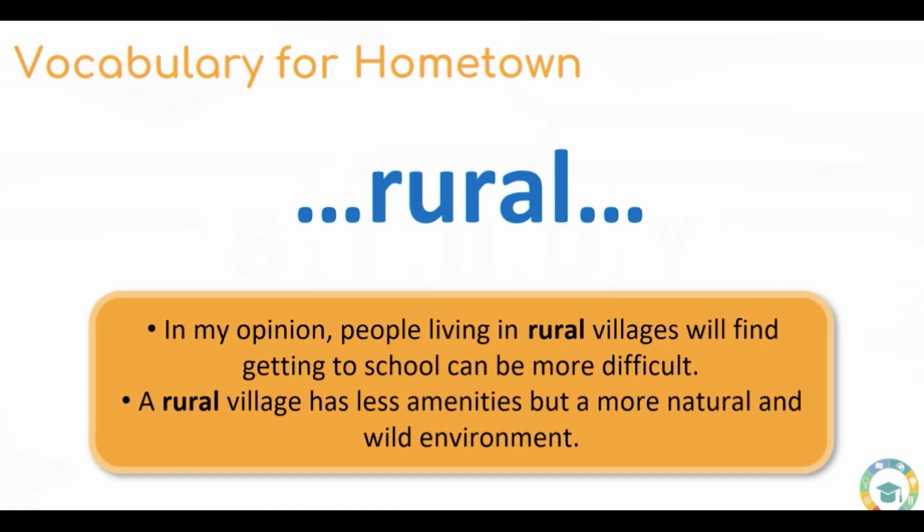In my opinion, people living in rural villages will find getting to school can be more difficult. A rural village has less amenities, but a more natural and wild environment.